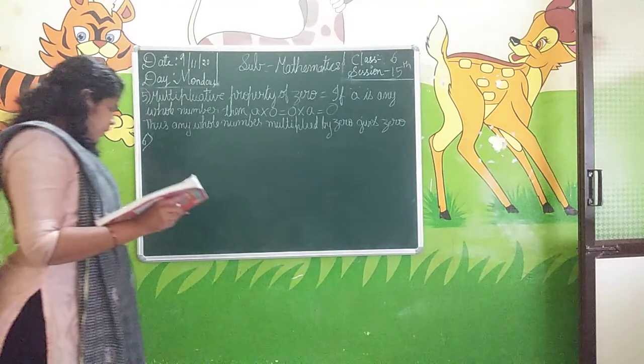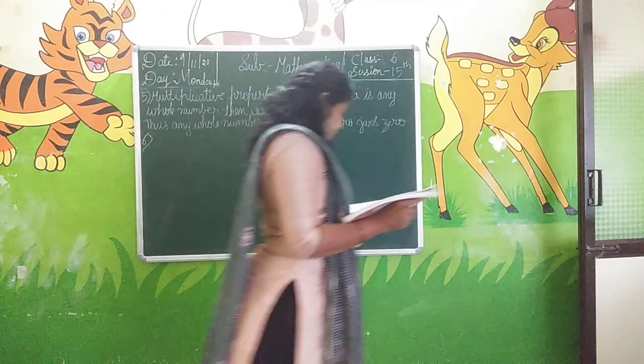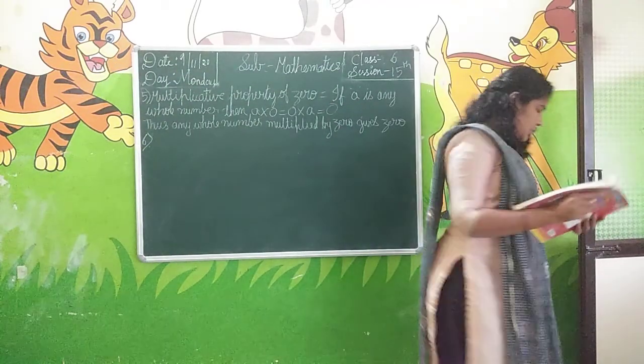What is the next property of multiplication? It is the distributive property of multiplication over addition.